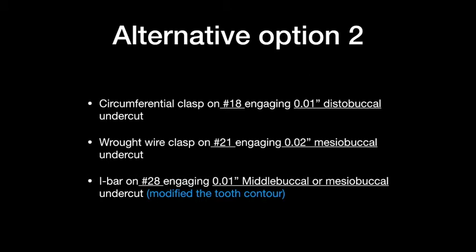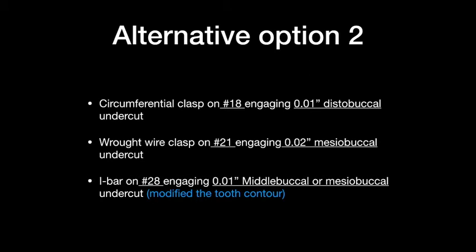So if you need to do extra work, that's not ideal. The ideal is that you don't really need to change your teeth or modify the teeth if you have a chance to avoid that. If you can't, you still can do the modification. But when you do a modification, it should fall into the principles of the RPD design.